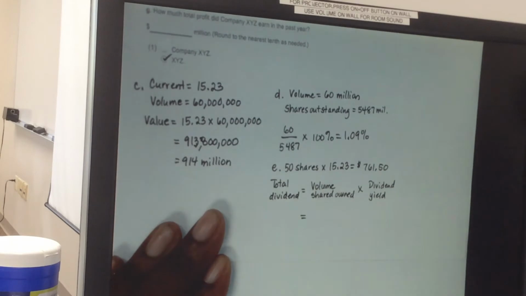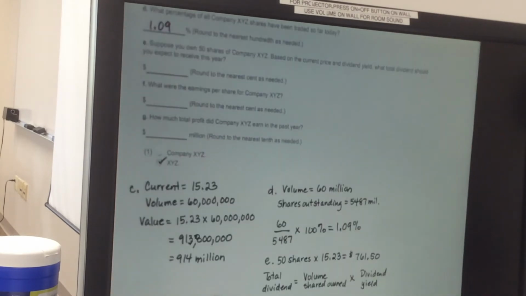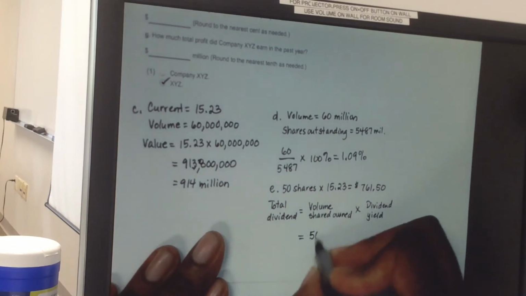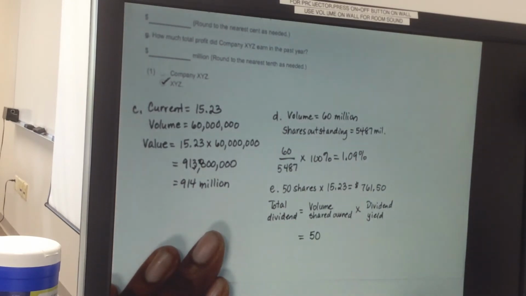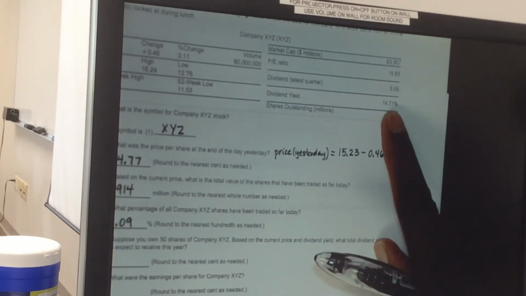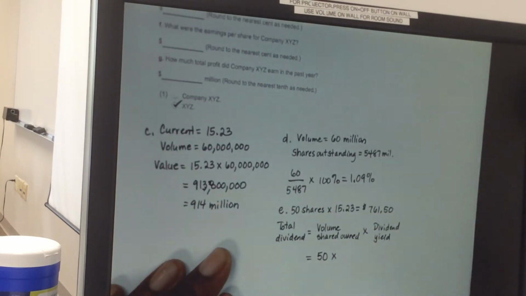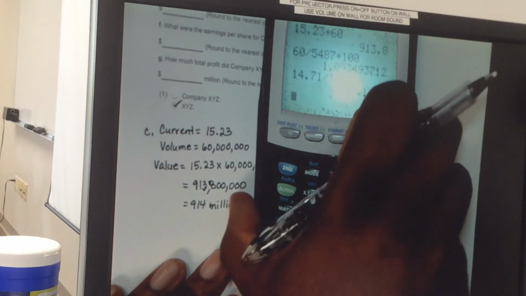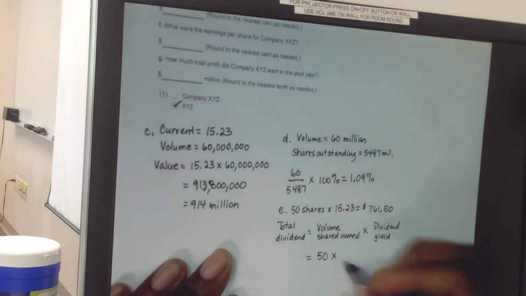So in this case, you own 50 shares of company XYZ stock, multiplied by the dividend yield. Up here, the dividend yield is 14.71%, so that's given to you. But 14.71% as a decimal, when we divide by 100, will be 0.1471.